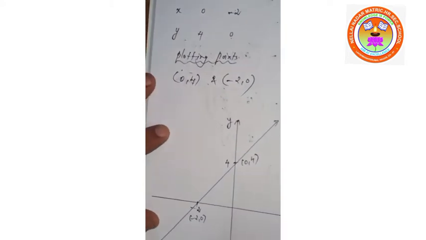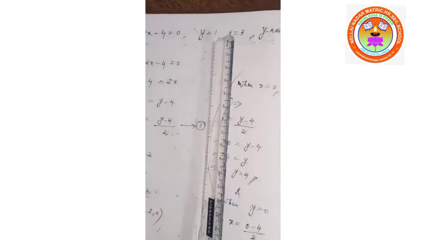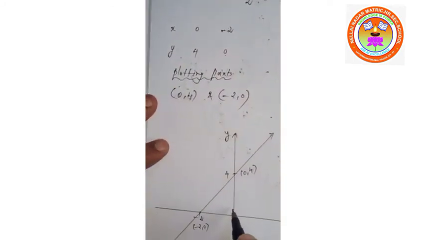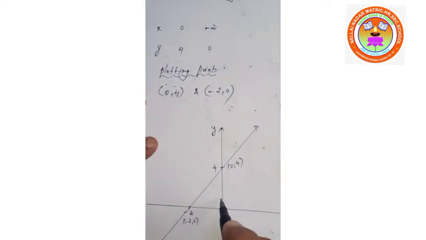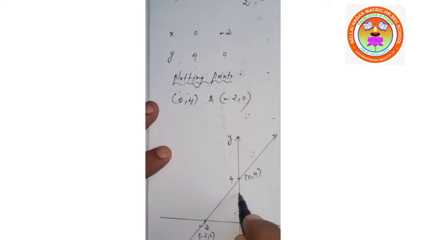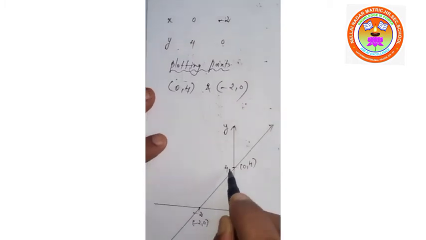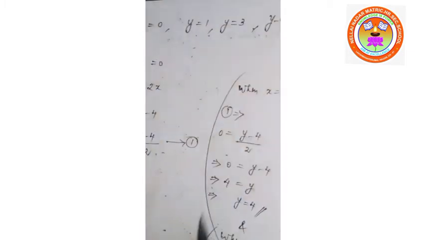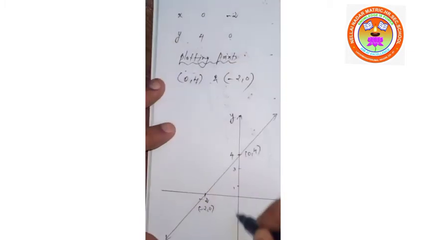Next, what are the given two equations? Y equals 1 and y equals 3. Y equals 1, here 4. So that I take 1 over here, 3 over here. So after 3 only you will be getting 4. Since you are given y equals 1 and y equals 3, these 2 points to be taken in what axis? Y axis.